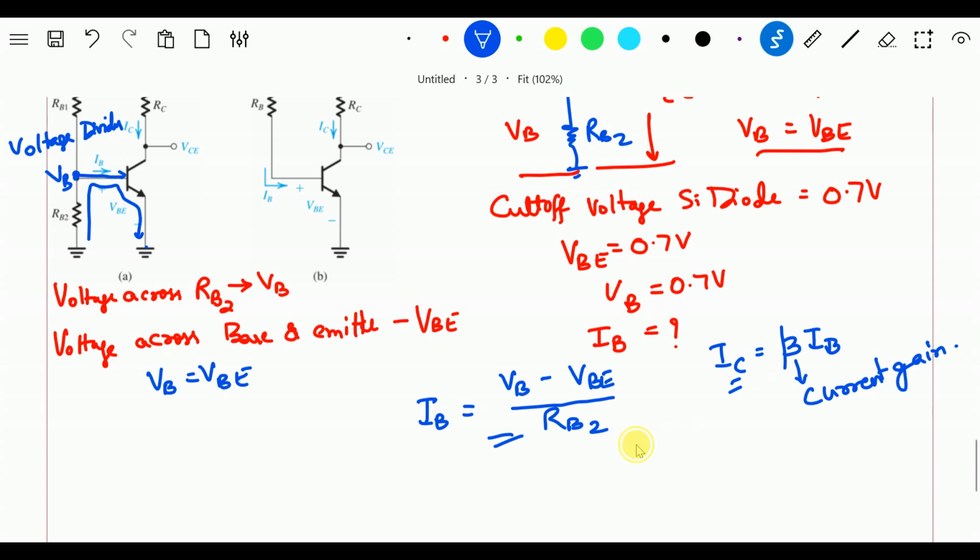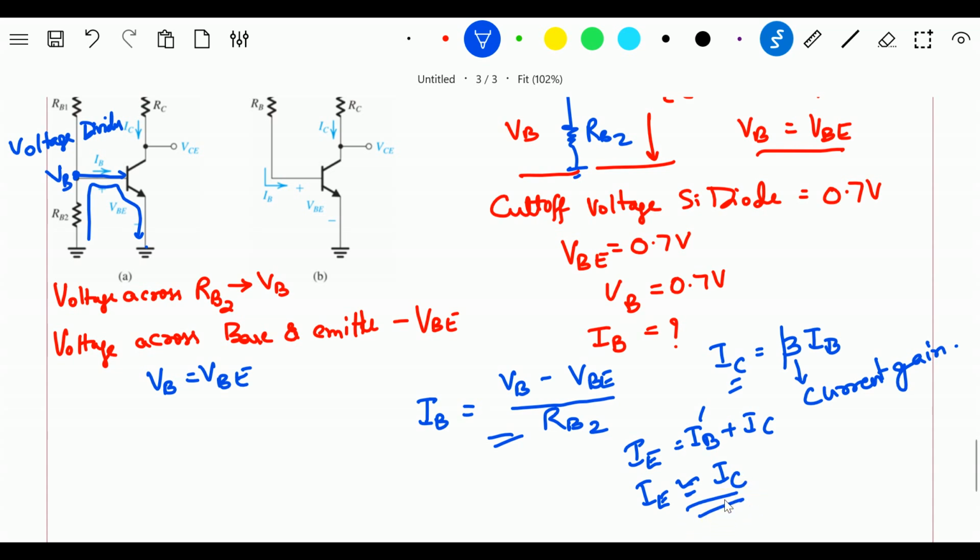And earlier I told you that IE equals IB plus IC, and it is approximately equal to IC because IB will be a very small value. So I can approximate IE as equal to IC. So through this equation you can find IE also.